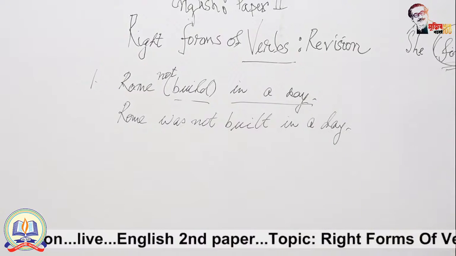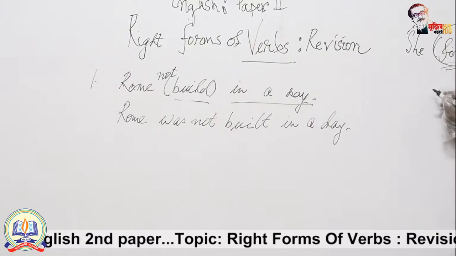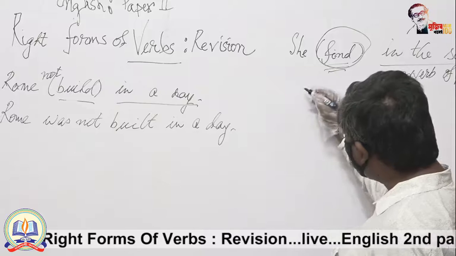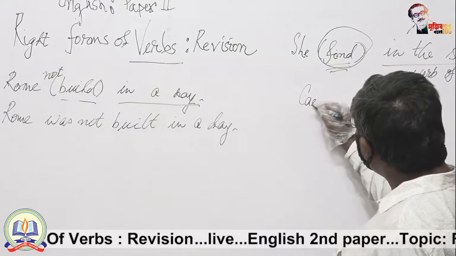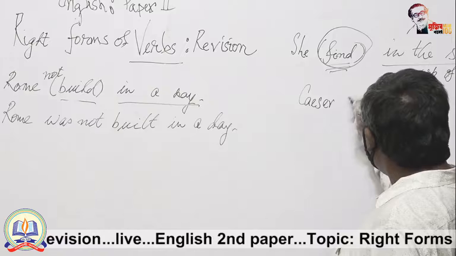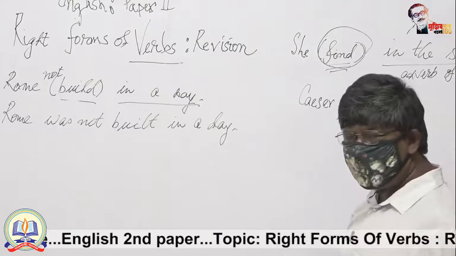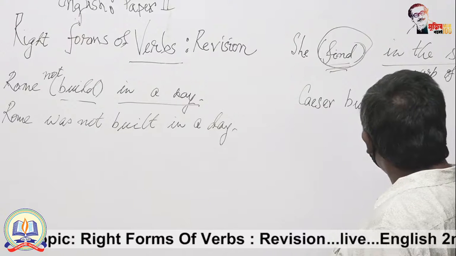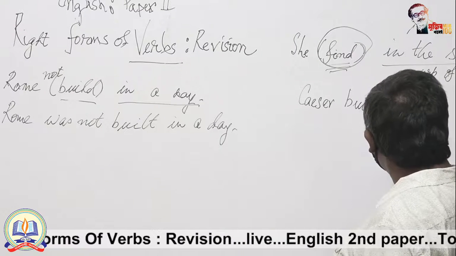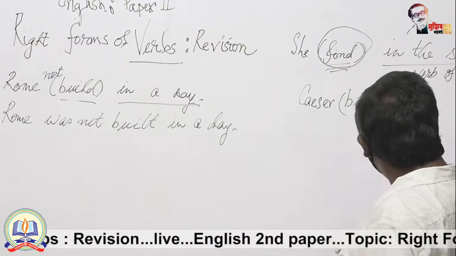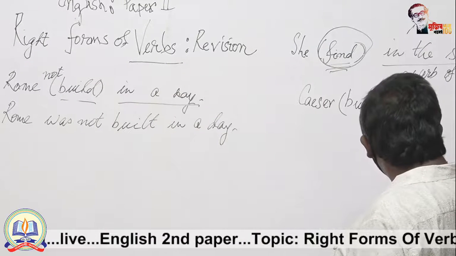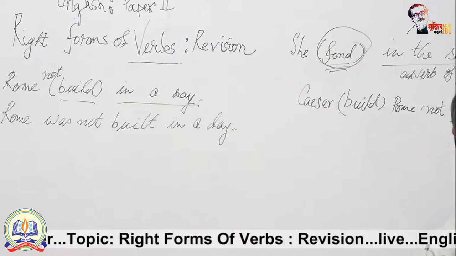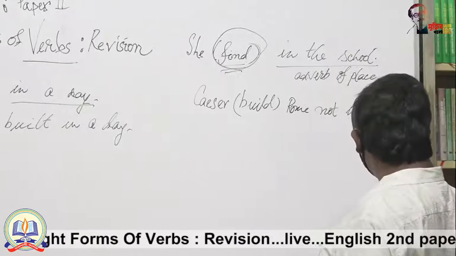But if the verb build would be in such a sentence like Caesar build Rome not in a day. Caesar means Julius Caesar, the famous Roman emperor.